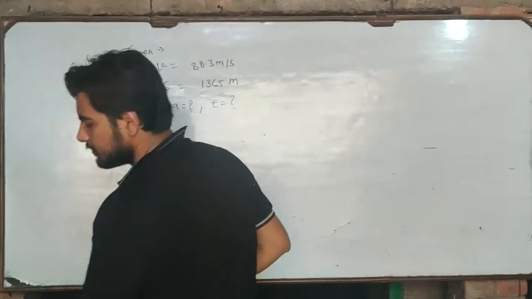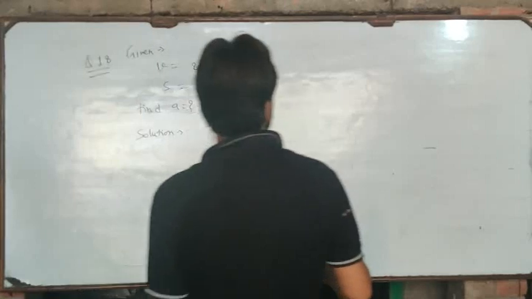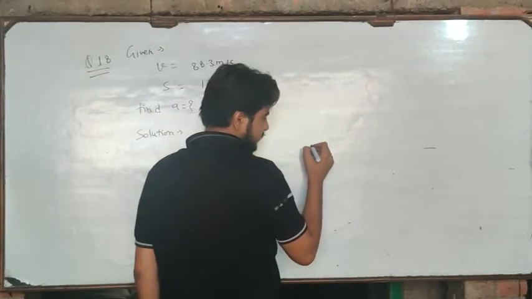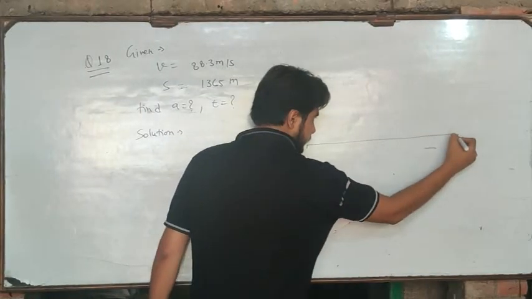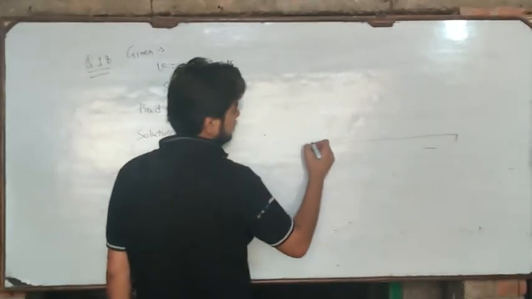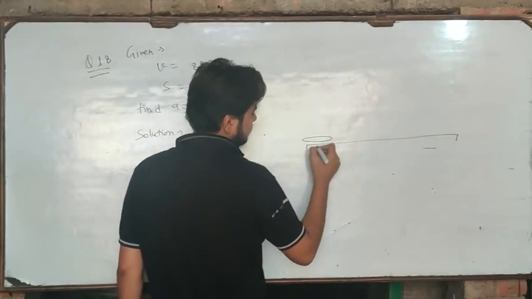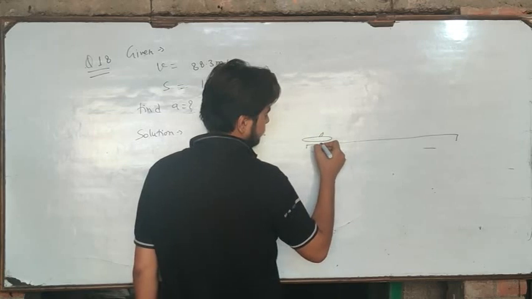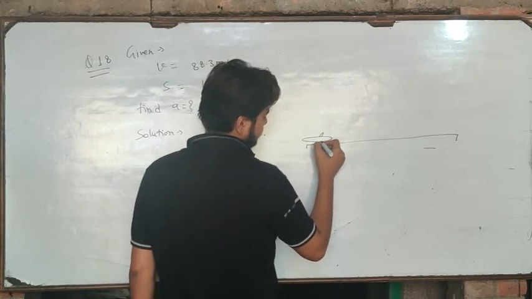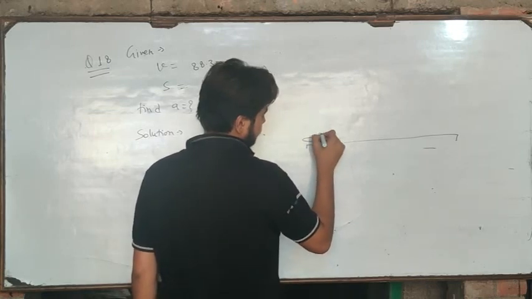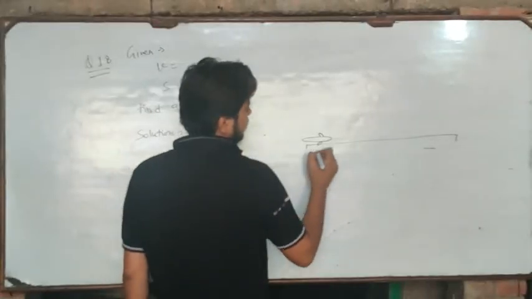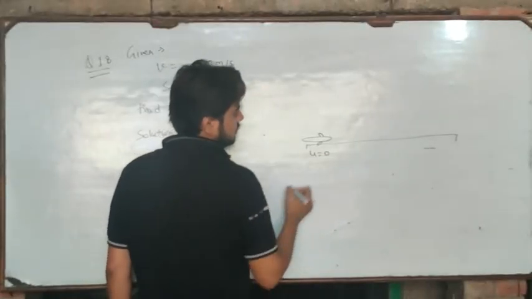We can understand this question by this figure. Suppose this is our runway and this is a plane. U is equal to 0.